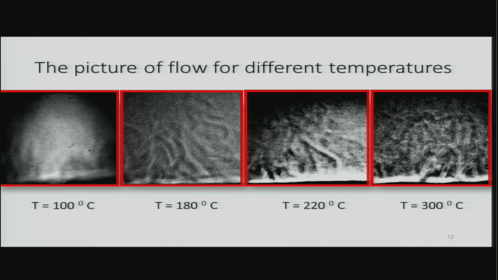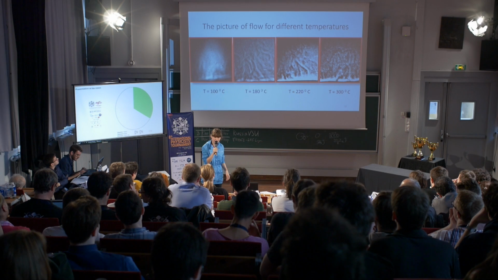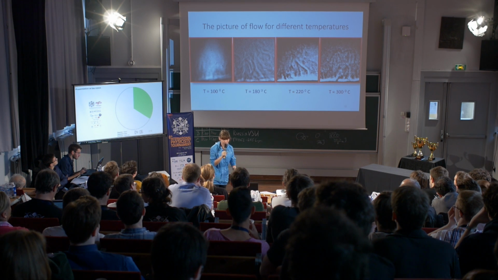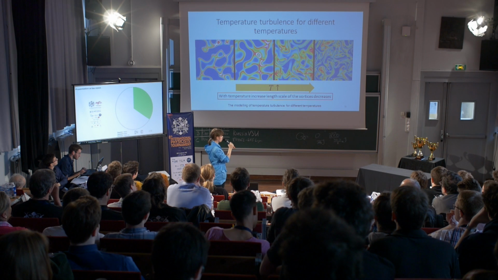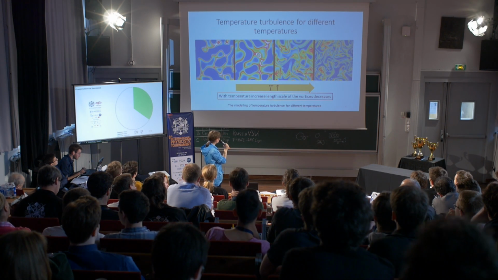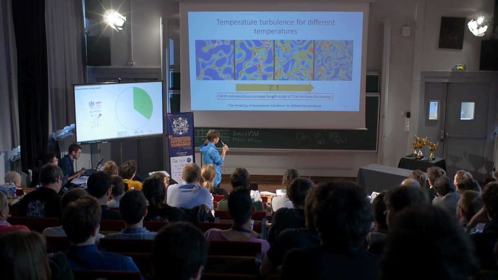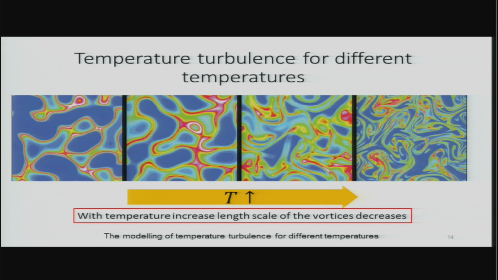We can conclude from this model qualitatively that with the increase of temperature, the characteristic size of vortices decreases, so the difference between two close points in the flow increases. Here you can see the computer modeling, and we can see that with temperature increase, the length scale of the vortices decreases, and we can use this for estimating the temperature of the surface.